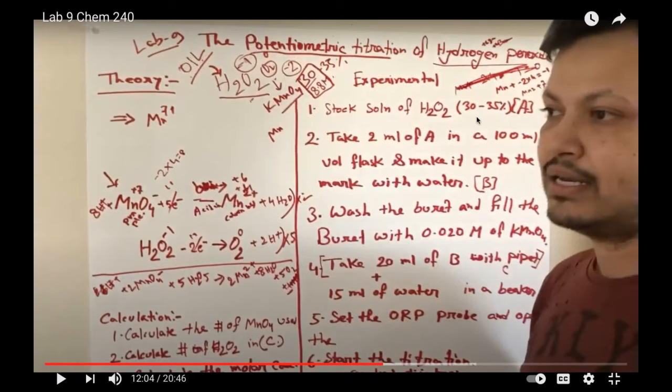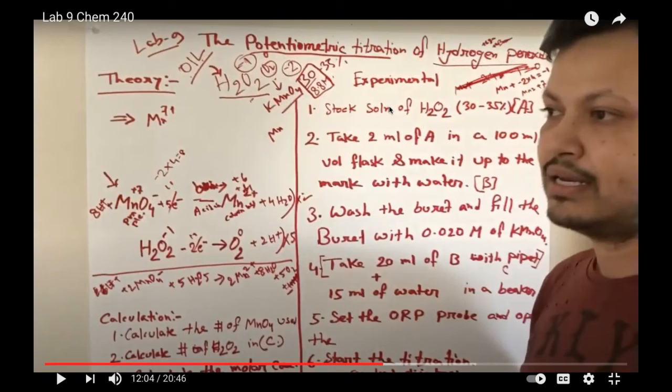I labeled it as A. From that A, you will take 2 ml of A into a 100 ml volumetric flask and make it up to the mark with water. So B is nothing but a 2% solution of A. You understand? B is nothing but a 2% solution of this A.